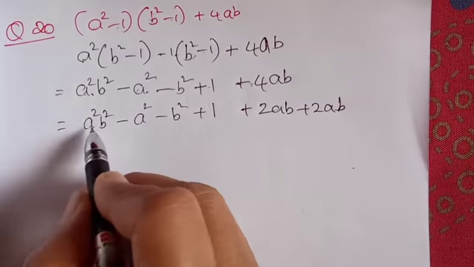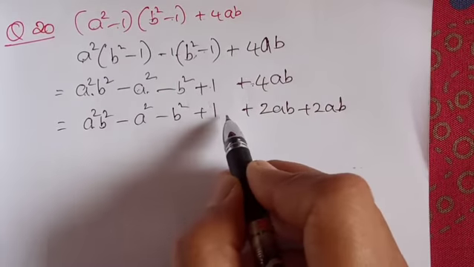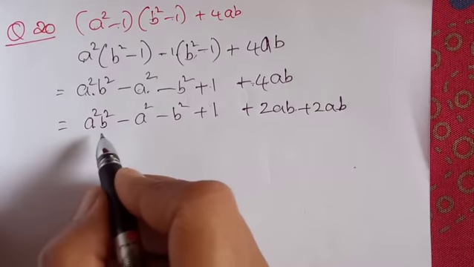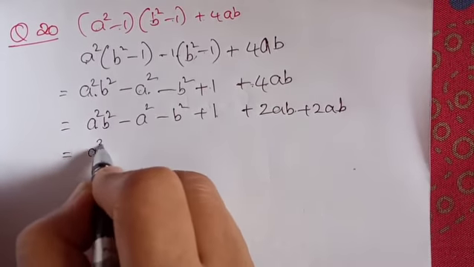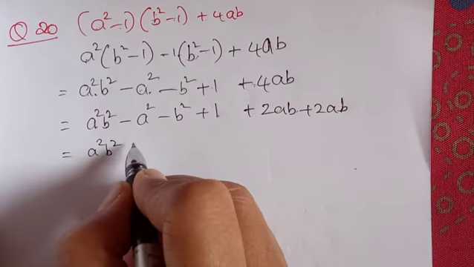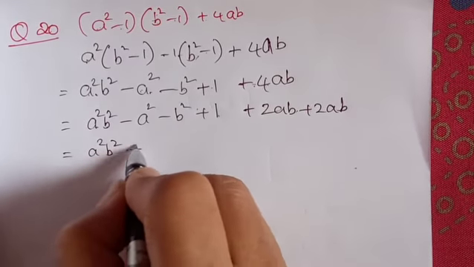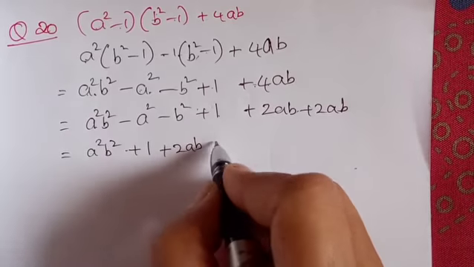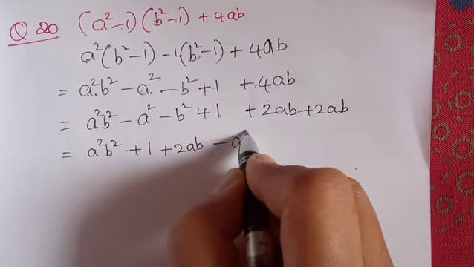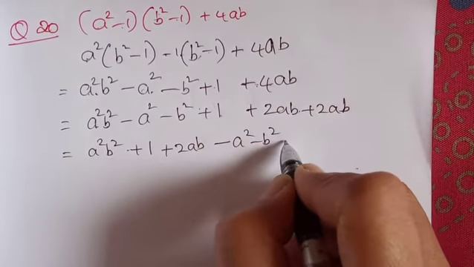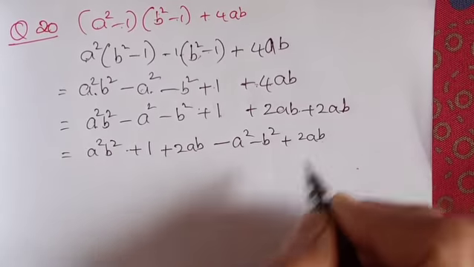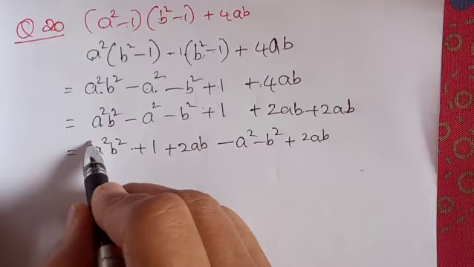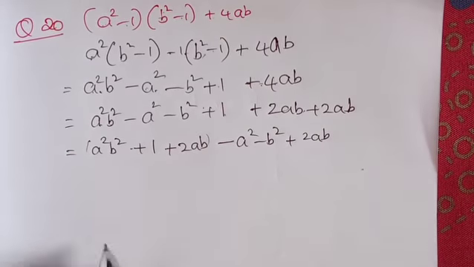trinomials. Okay, so now a square b square and 1 and this one we will try to write in one place: a square b square plus 1 plus 2ab. Next, minus a square minus b square plus 2ab. Now I'll make the groups of these three and these three.